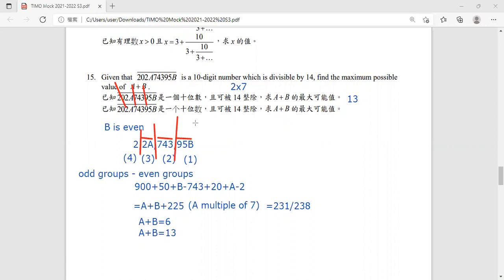And the 2 is the last chunk. Then you name the groups from 1 onward. So we have 4 groups now. You sum the odd groups, which is 95B, 900 plus 50 plus B, and 20 plus A, because 2A is 20 plus A, and minus the even groups, minus 743 and minus 2. So finally, we got the number A plus B plus 225.